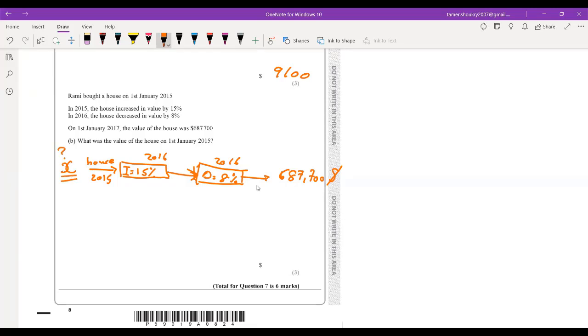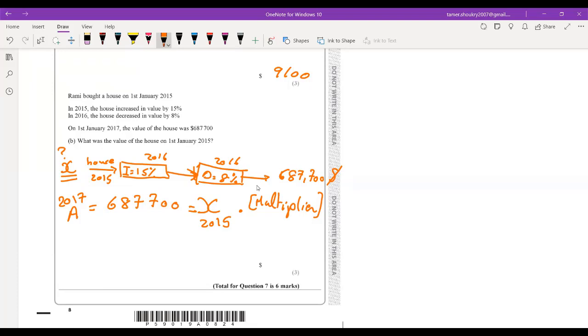So what is X? So we have here the multipliers. We have here to know the multipliers. We have the common equation, which is that the amount of the house in 2017, which was 687,700, is equal to the price of the house in 2015 multiplied by a certain multiplier.